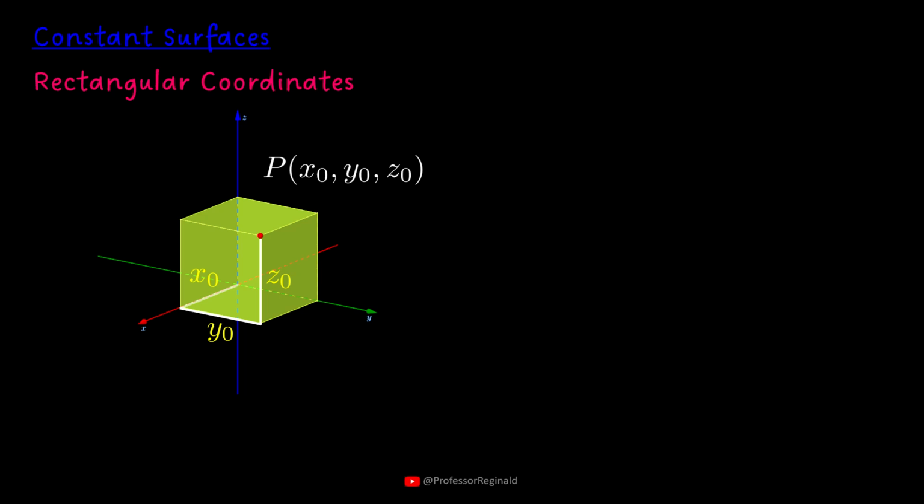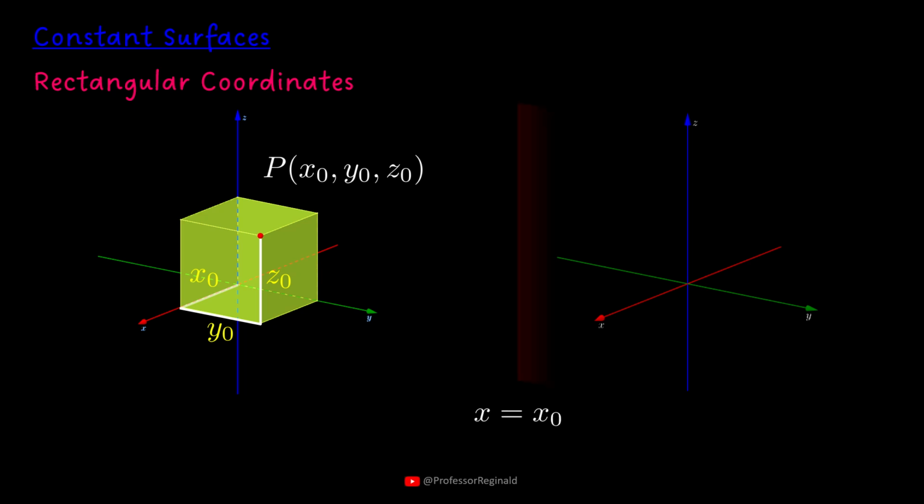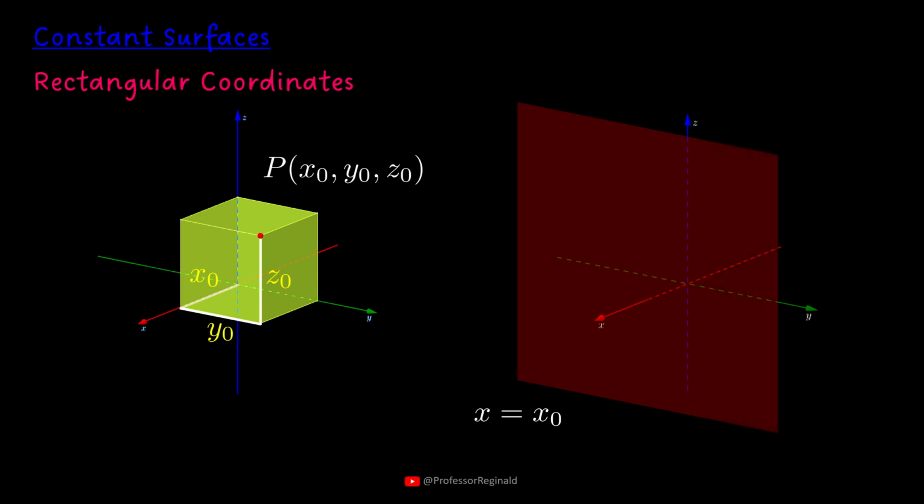So it follows that a constant surface in rectangular coordinates is a surface that consists of all points that have a constant distance from a coordinate plane. The graph of x equals a constant x0 is a vertical plane, whose distance from the yz plane is x0.